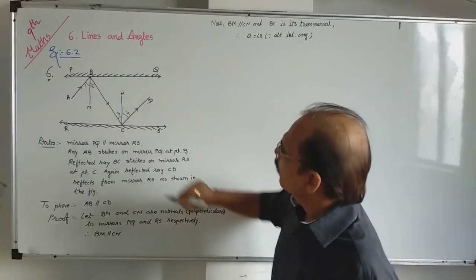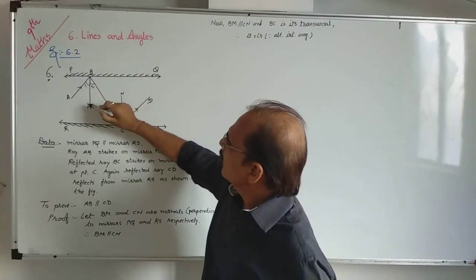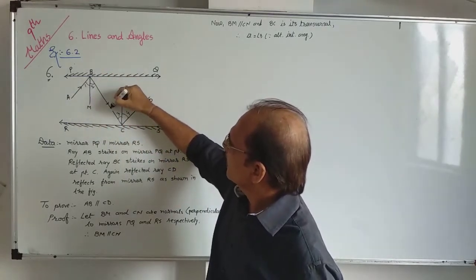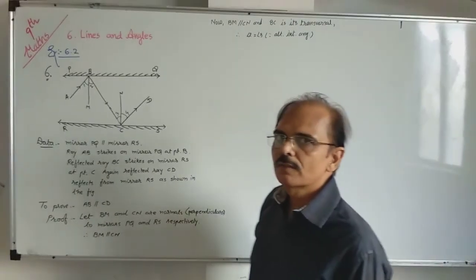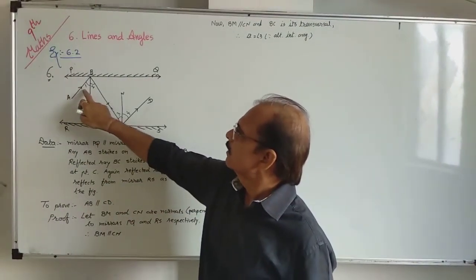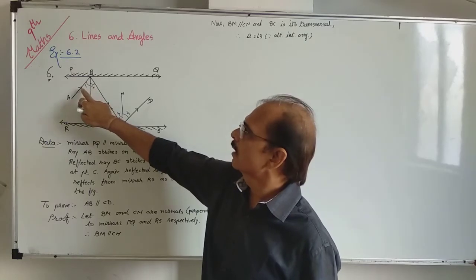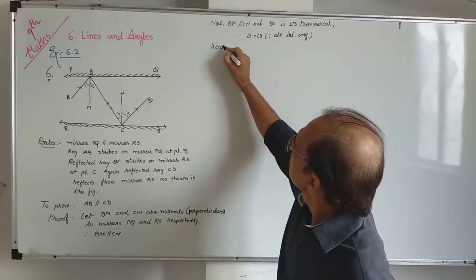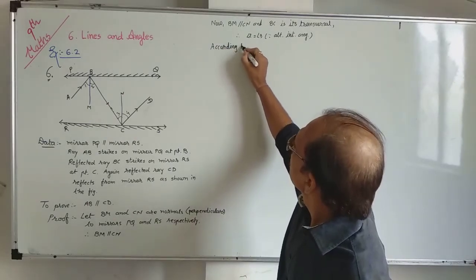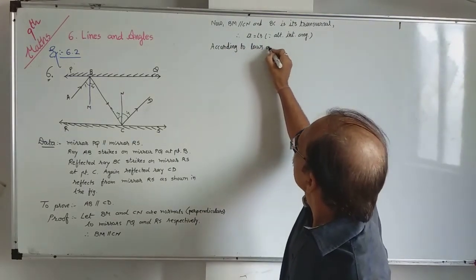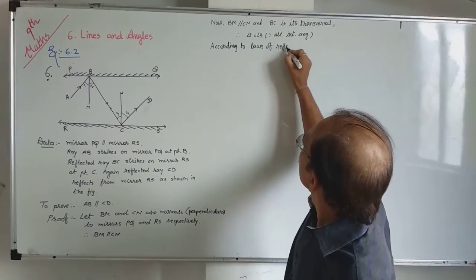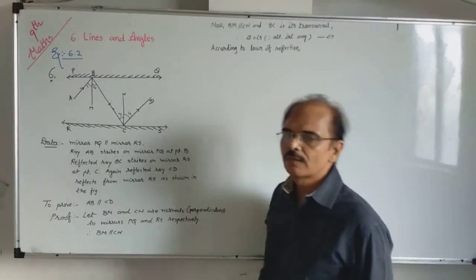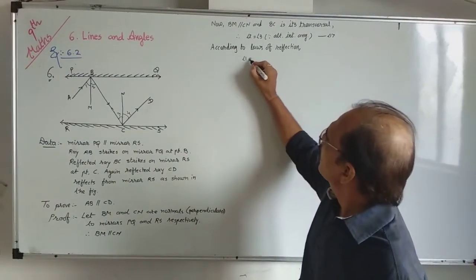Right? Now see, if this ray is called the incident ray, ray BC is called the reflected ray. You have learned the laws of reflection, that incident angle and reflecting angle are always equal. So according to the laws of reflection, angle 1 equals angle 2.